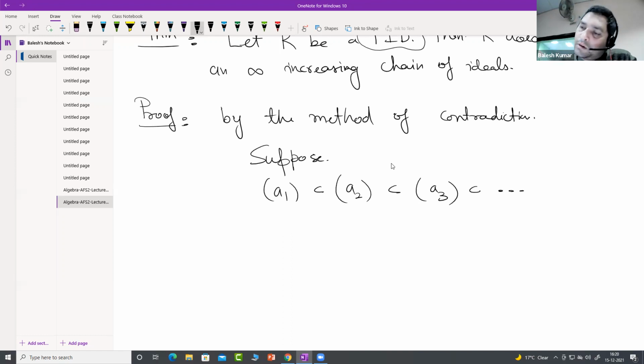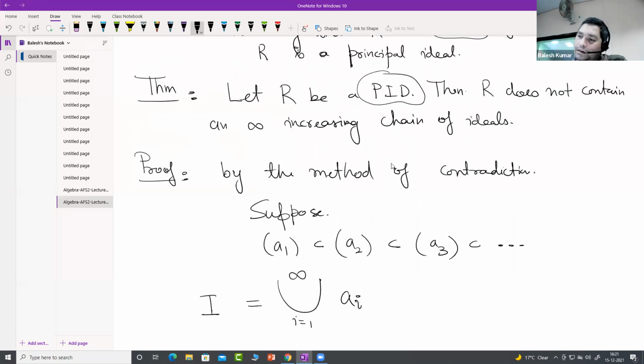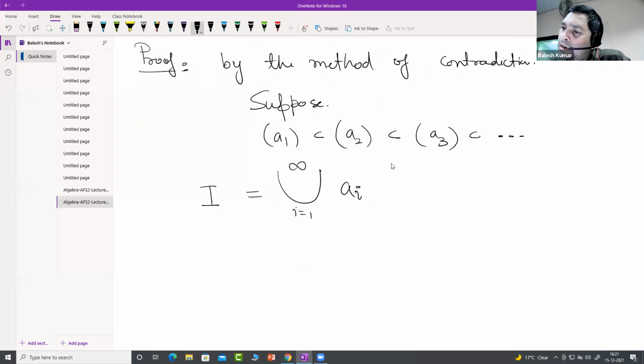Now we can form a union out of this increasing chain of ideals. Write it as the union over i from 1 to infinity of Ai, and call it I. In general, the union of two ideals may not be an ideal inside a ring, but for an increasing chain of ideals, one can prove that the union is in fact an ideal.